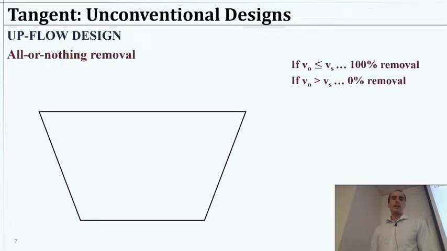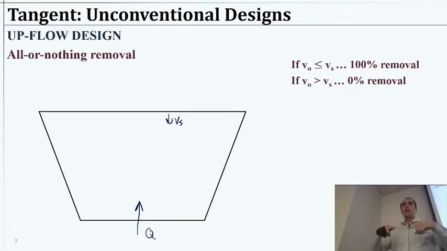Another possibility is to have what we call an upflow design. These are also not super common, and it's kind of an all or nothing system. Flowing upwards, therefore we have an upwards velocity vector just from the flow of the water, but we also have some downward velocity of our particles. If you design this as a trapezoidal type of system where you're increasing your area as you go higher, the upward velocity from the flow rate gets a little smaller as you go because you're going through more area.